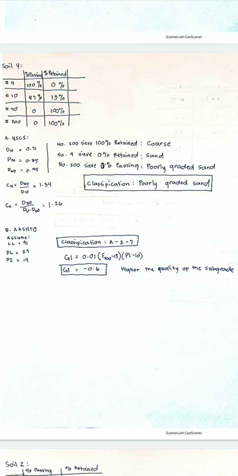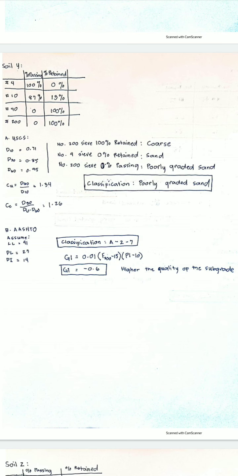Number 4 sieve size has 0% retained, so it is sand. Using the values of CU and CC, the CU of soil Y is 1.34 and CC is 1.26, so it classifies as a poorly graded sand.